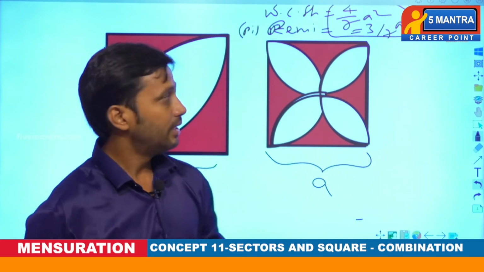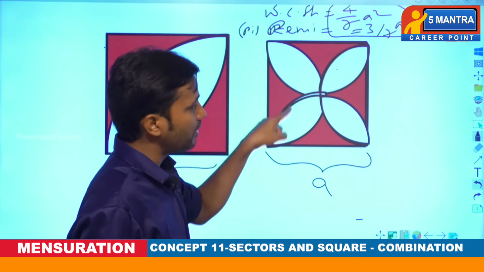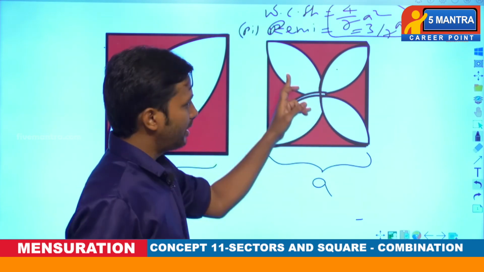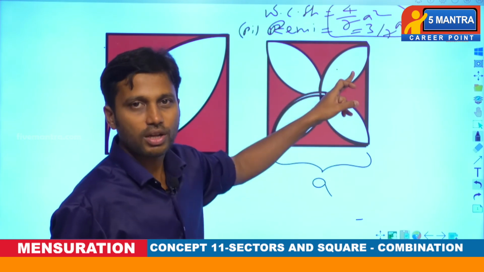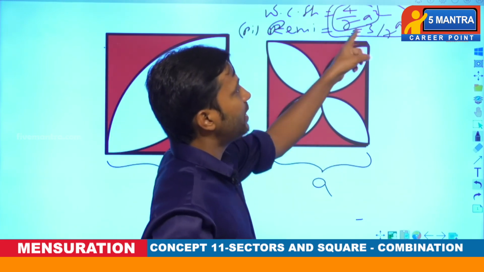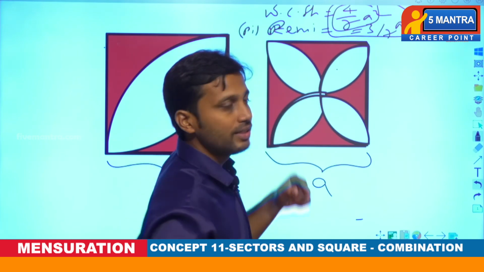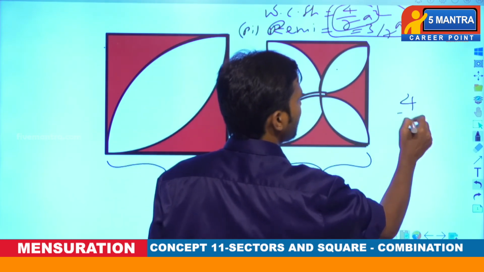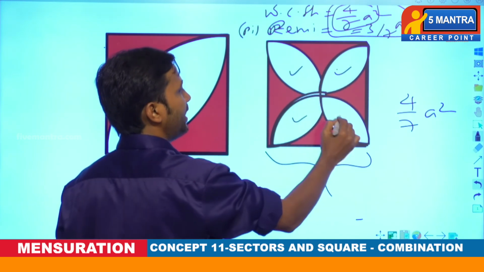And one more thing, here 4 by 7 A square is the area of this flower. Now tell me, if you consider these are the flower petals, all the flower petals are equal or not? When all the flower petals are equal, 4 by 7 A square is distributed equally among all the flower petals. So the total 4 by 7 A square is the area of these 4 flower petals, right?